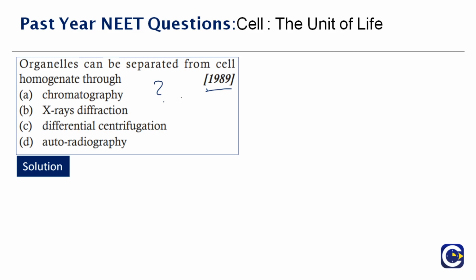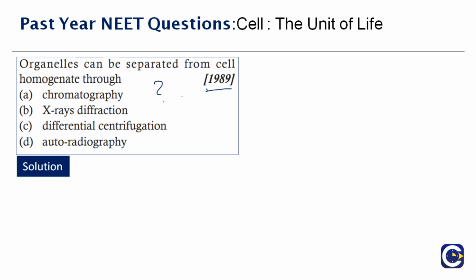Now, what do you mean by centrifuge? How does the principle work for a centrifuge? A centrifuge is an instrument that separates components present in a mixture with the help of centrifugal force. The homogenate of the cell organelles is allowed to undergo centrifugation, and it will get separated into supernatant and pellet.